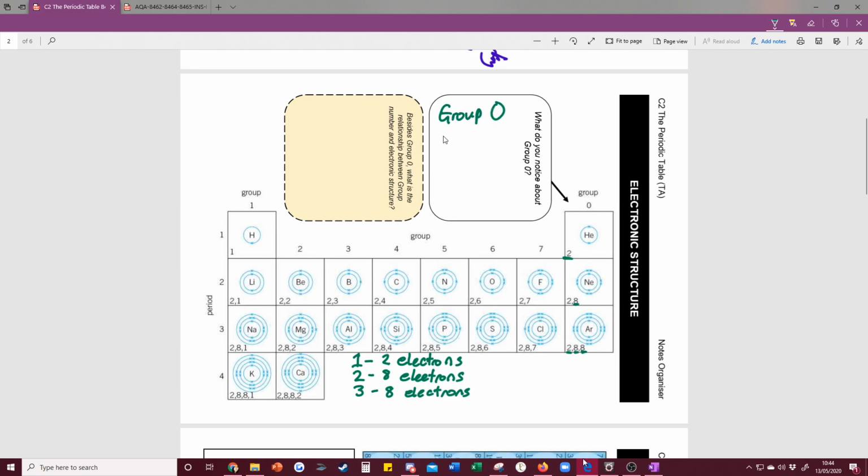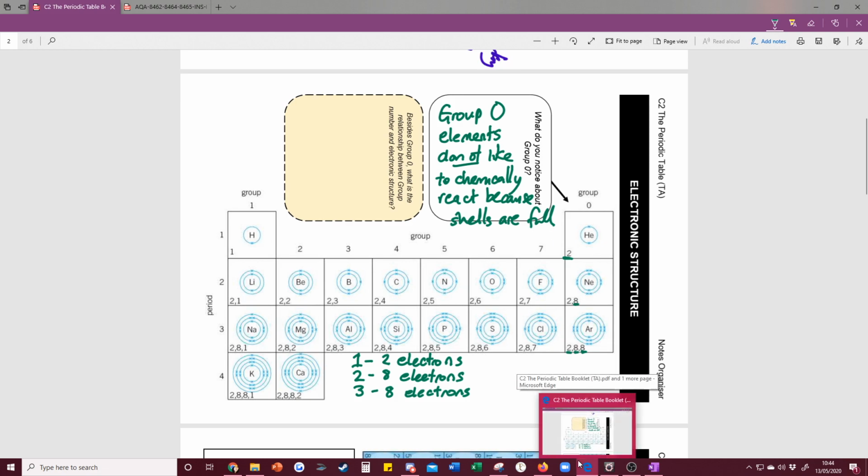So group 0 elements do not like to chemically react because their shells are full. Because these shells are full, it's not going to want to chemically react with anything. But then notice the other ones, their shells aren't full, so these ones are going to chemically react.